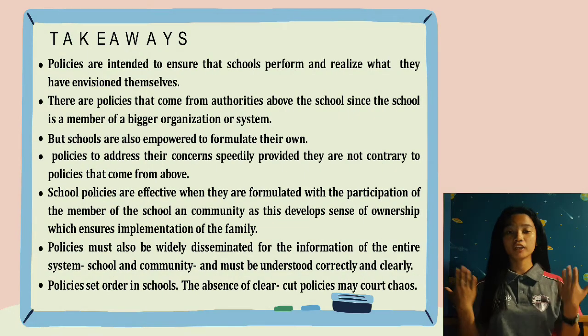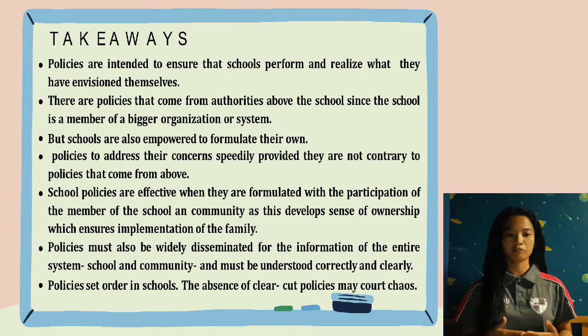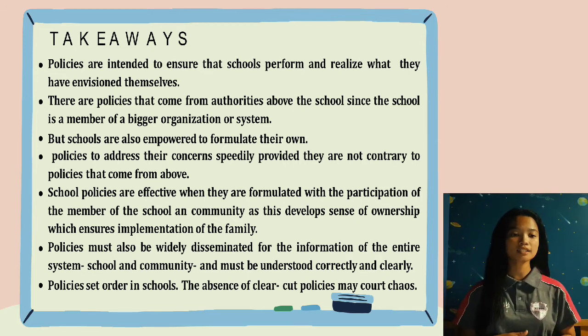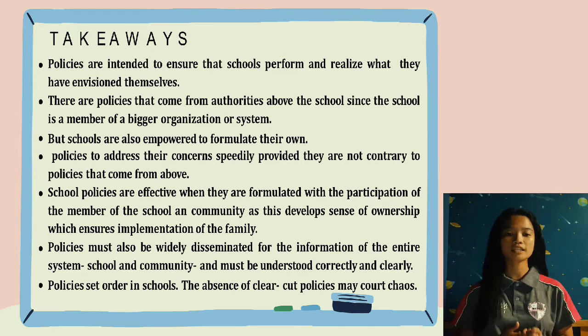So, for today's lesson, here are the takeaways. Policies are intended to ensure that schools perform and realize what they have envisioned for themselves. There are policies that come from authorities above the school, since the school is a member of a bigger organization or system. But schools are also empowered to formulate their own policies to address their concerns, provided they are not contrary to policies that come from above.